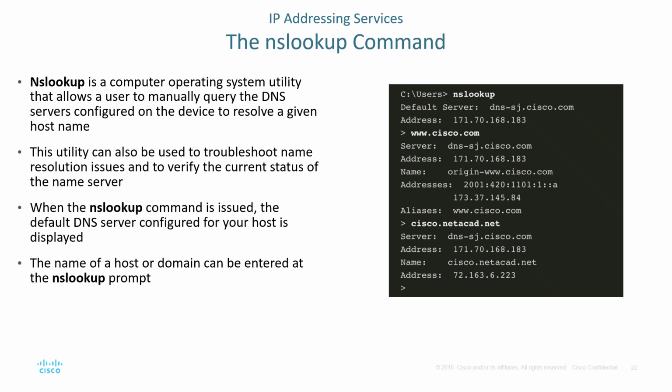You also have aliases. And then you can have cisco.netiquette.net. And that is the same address, however, for cisco.com, but cisco.netiquette.net has its own address of 72.163.6.223. So the main is the cisco.com or sj.cisco.com. So you see all three of them have that address as the hierarchy, okay?